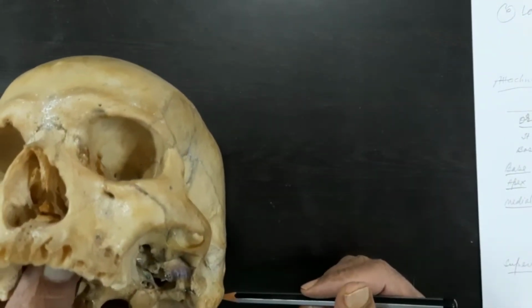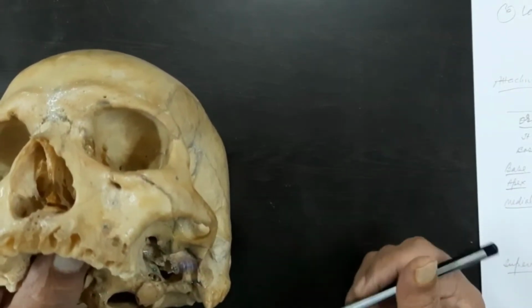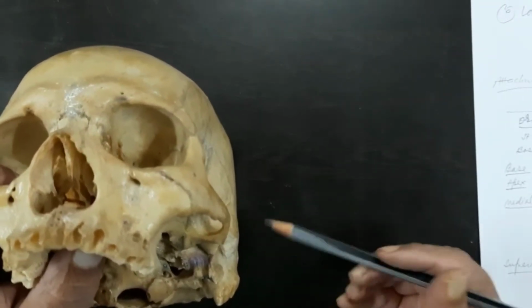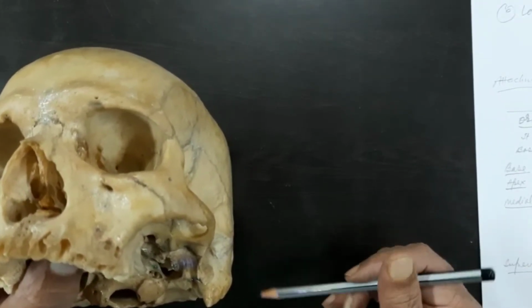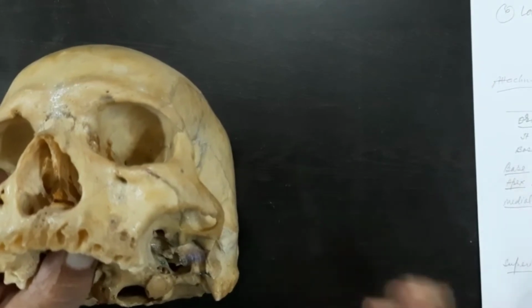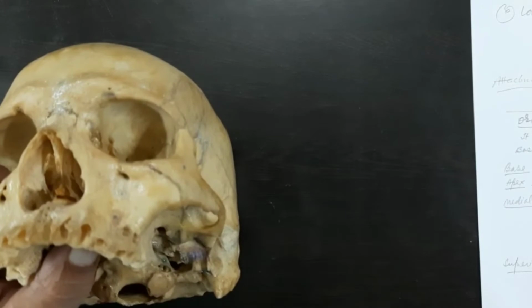The tendon of the superior oblique muscle winds around the pulley and then goes posterolaterally from it.